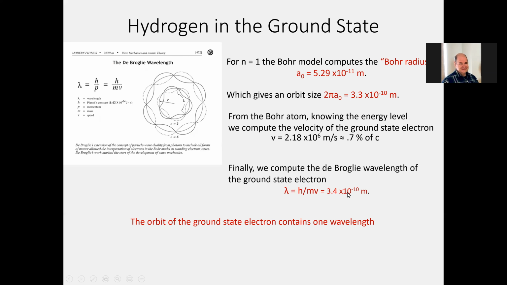So what he's saying is the reason why the hydrogen electron goes around in the ground state is that it has a wavelength dependent upon its speed, dependent upon its energy. It has a wavelength calculated from its momentum, h over the momentum, and that wavelength exactly fits around the orbit.